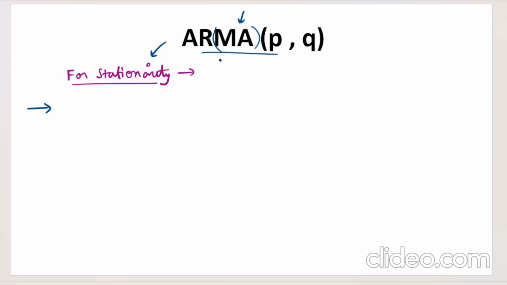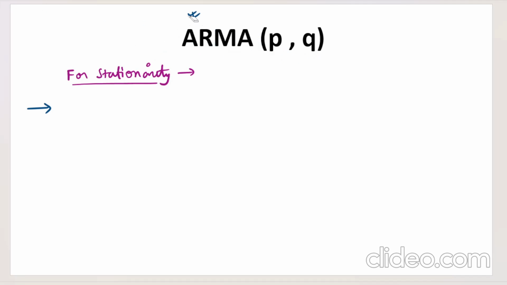When I taught you the moving average process, of any degree you consider, MA(1), MA(q), or MA infinity, in any case the MA process is always stationary. So we are not concerned about the MA process. We are only concerned about the AR process, and if this AR portion is stationary, then we'll say the entire ARMA is stationary, and if it is not stationary, we'll say ARMA is not stationary.